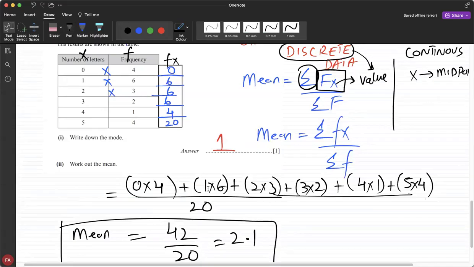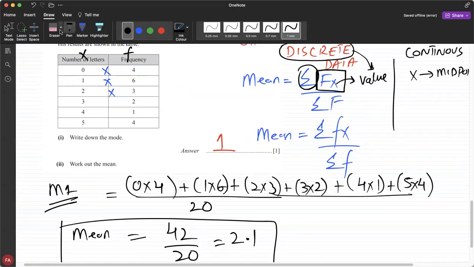We are still doing the same thing. We're still getting 0, 6, 6, 6, 4, 20. But instead of showing that as an extra column, I recommend doing this as a step. Why? Because this step over here contains the method mark. So I would highly suggest that you do it this way.